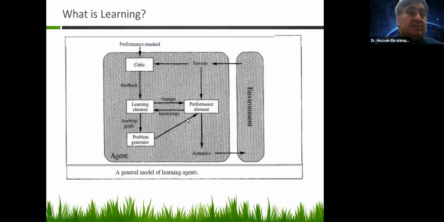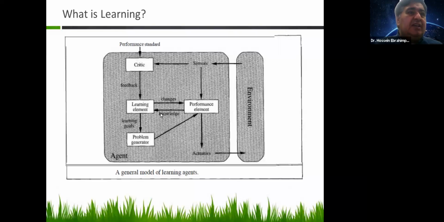So this is the normal performance element that we have, and we need to have it in every artificial intelligence system. But to be a learning system, this system needs more elements. For example, we need a learning element.